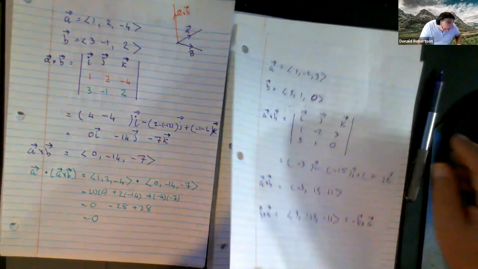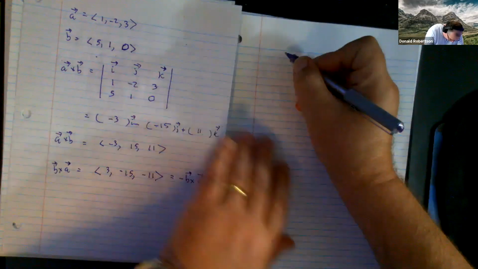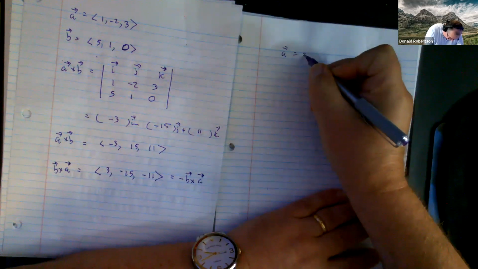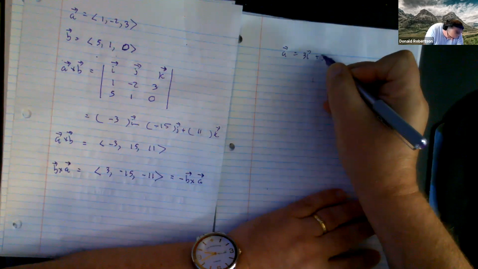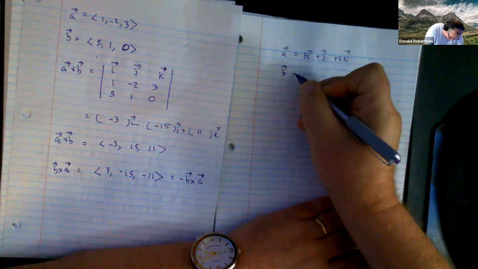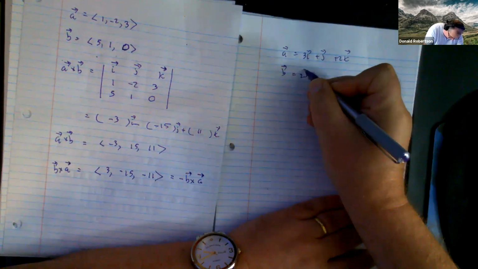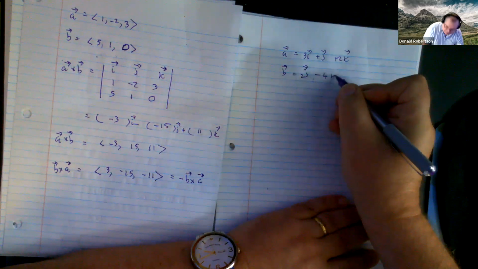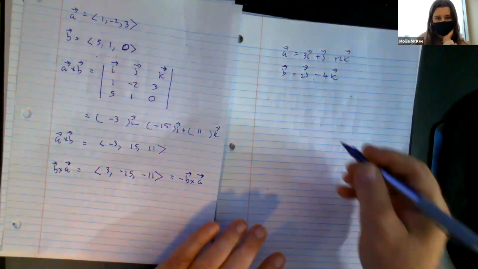And I think if you see it, it'll make more sense than if I say it. So let's suppose you had the question that A was 3i plus j plus 2k, and let's say B was 2j minus 4k, right? How would you set it up?